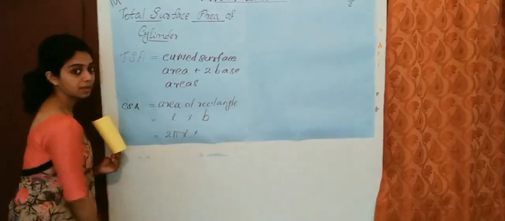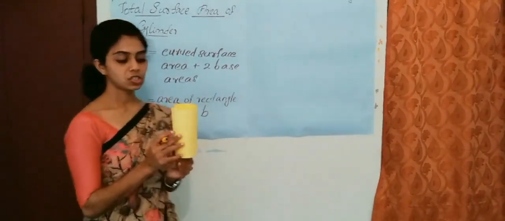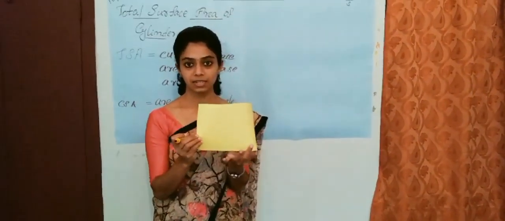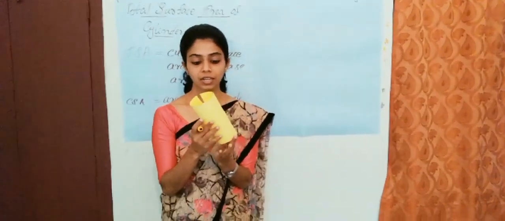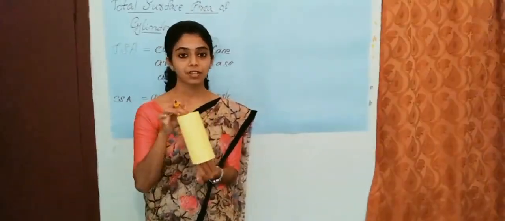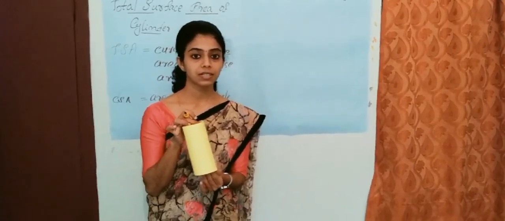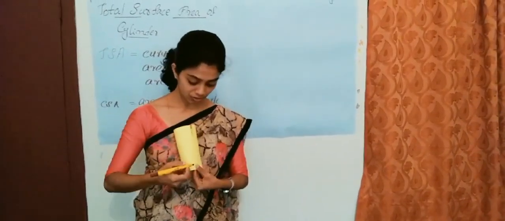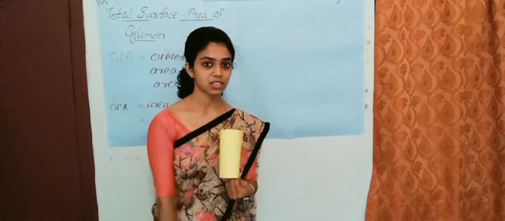Now, what about the breadth? Here, this is the breadth of the rectangle, isn't it? Now when we wrap this to form a cylindrical shape, the breadth of the rectangle will become which dimension of the cylinder? Very good, it will become the height of the cylinder.